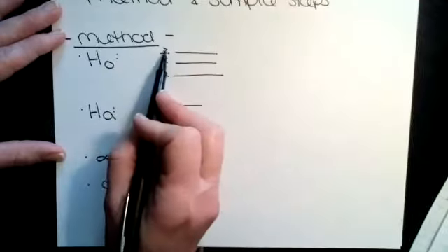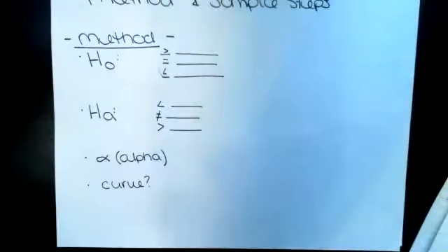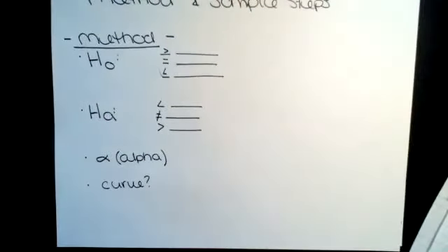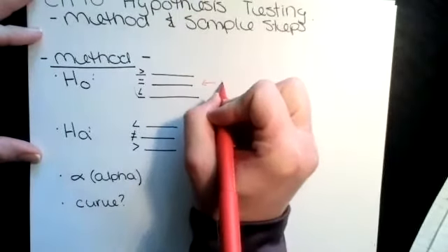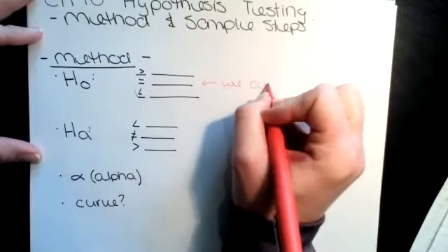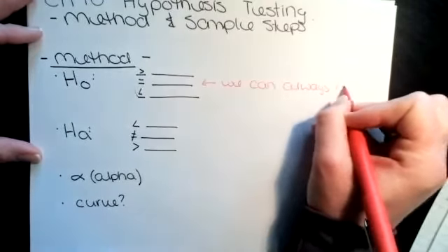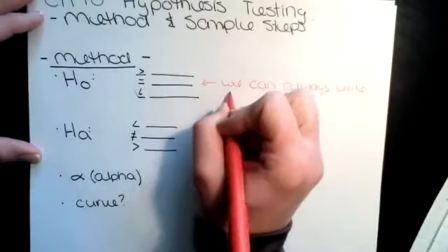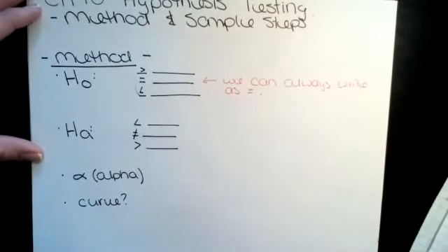I want you to notice that my null always has the equals in it someplace. So let's make a note that we can always write it as equals. Okay, so we can always write it just as the equals if you want.